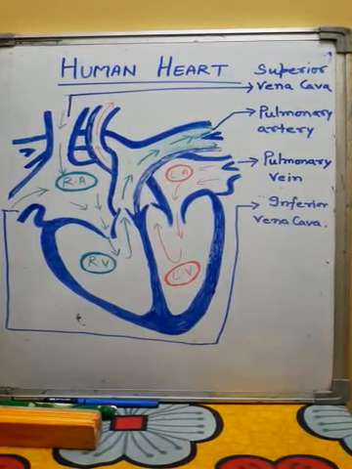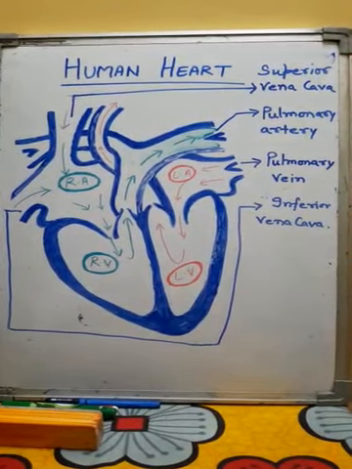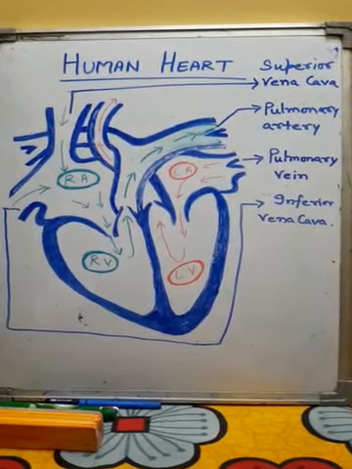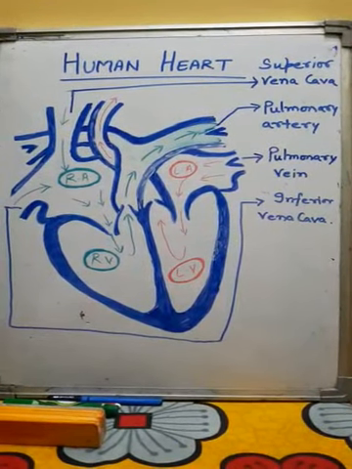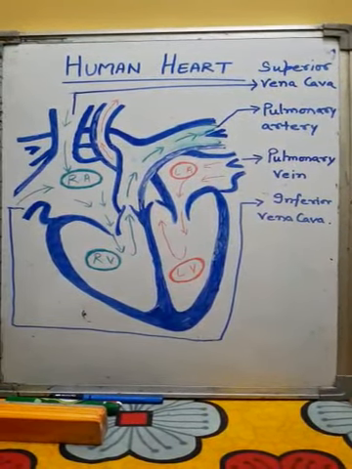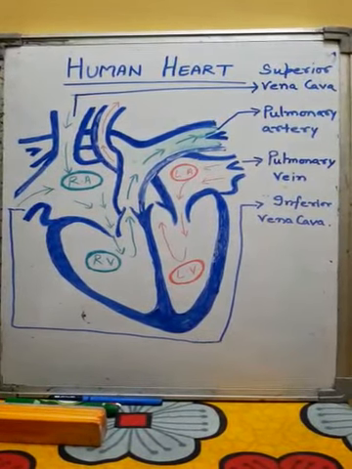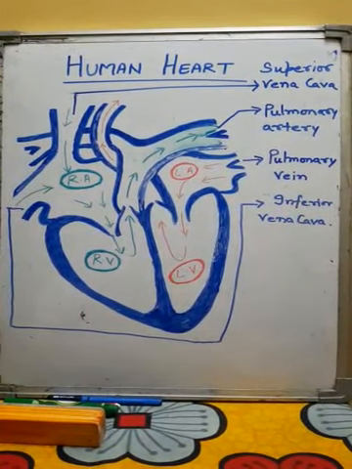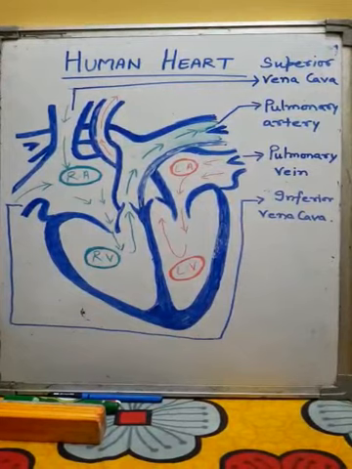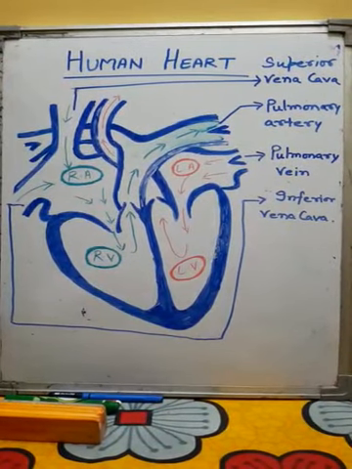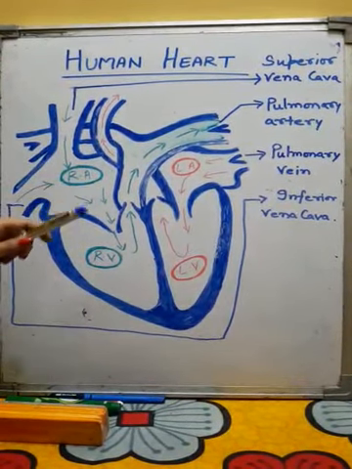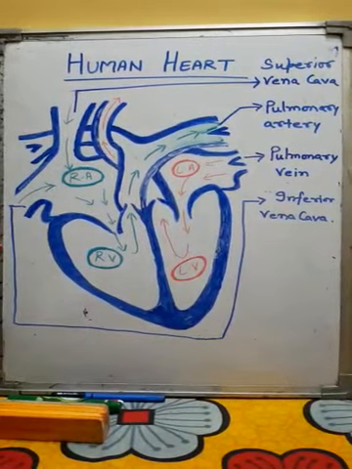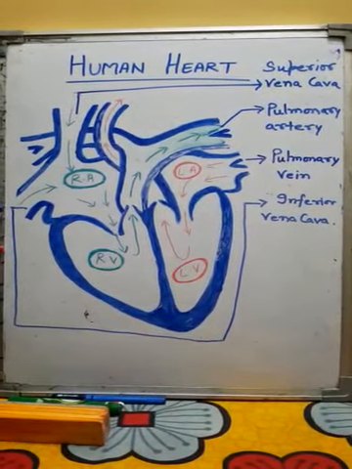And hence, to provide efficient supply of oxygen, it is important to keep oxygenated and deoxygenated blood separated, and this is done by the presence of four chambers of the heart which prevent mixing of oxygenated and deoxygenated blood.